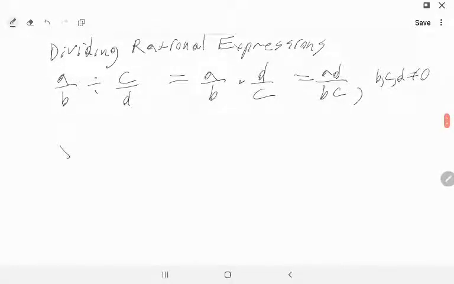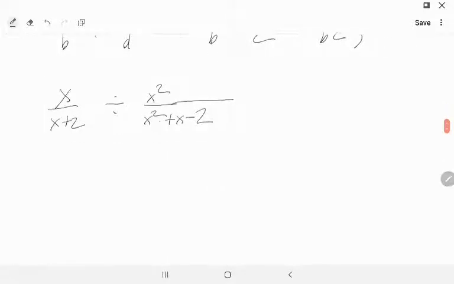And so if we had x divided by x plus 2 divided by x squared divided by x squared plus x minus 2, we notice that our first step is to rewrite it as multiplication by the reciprocal.